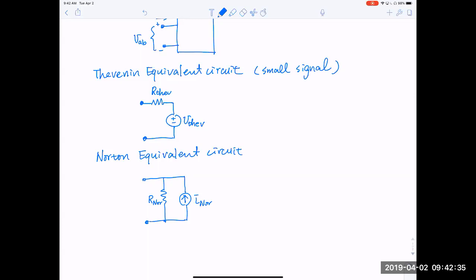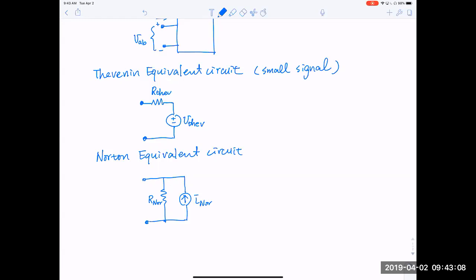It will become clear as we go through applications in circuits why, when you have an independent current source, it's more convenient to represent it with a parallel resistance, whereas in the Thevenin equivalent circuit, when you have an independent voltage source, it's more convenient to represent it as a series combination. Okay, is everybody okay with these two equivalent circuits?